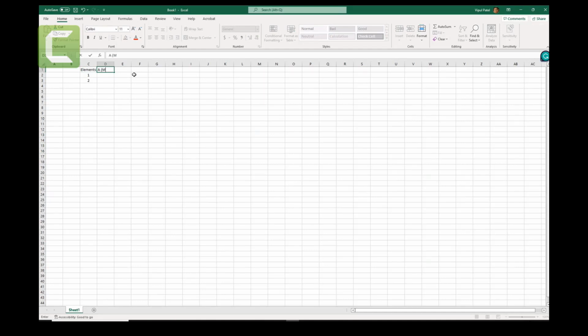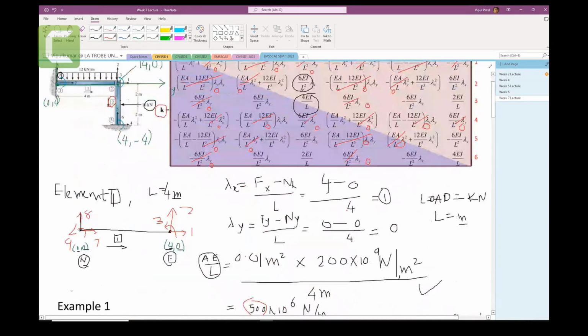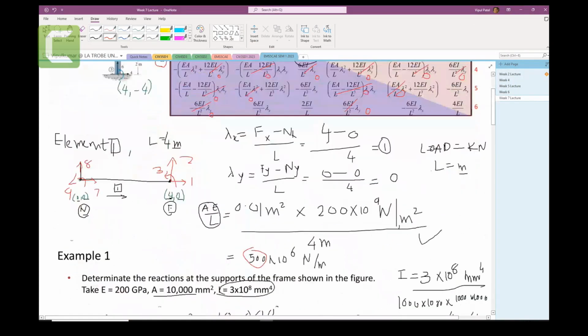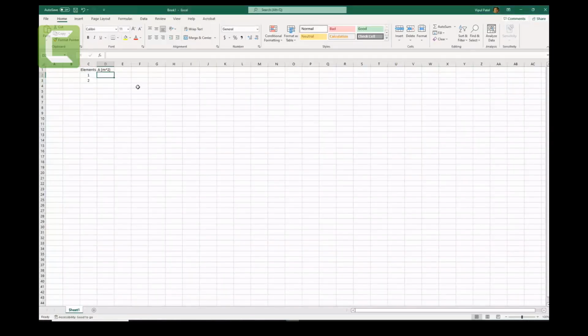Element 1 area is in meter squared, and we can just copy that once. I think from here we got the area somewhere. We calculated the area. Here you go, 0.01. If it is a different area, we can put a different value. So that area is done.